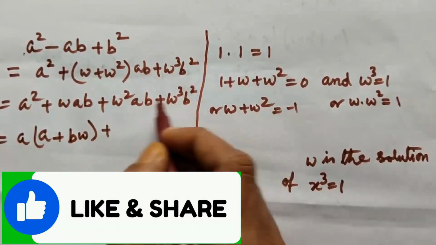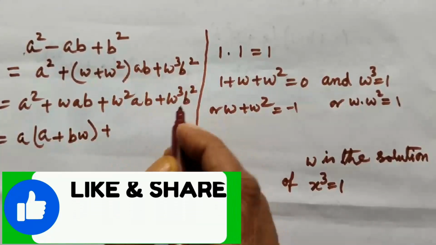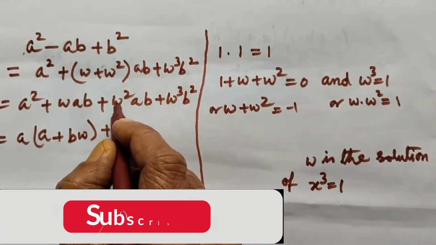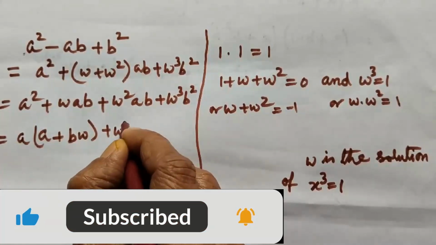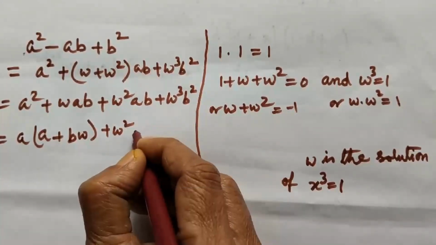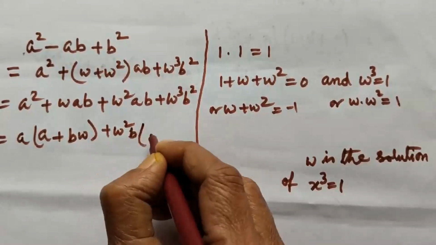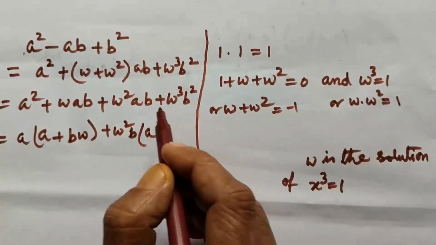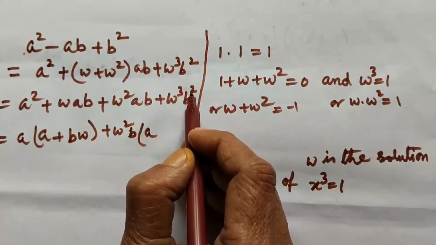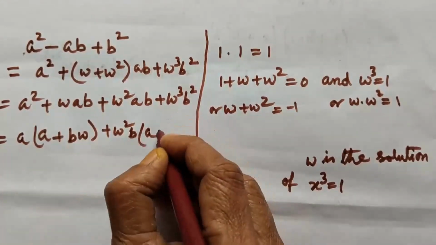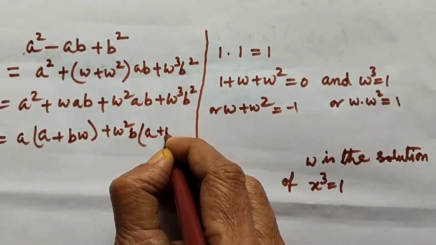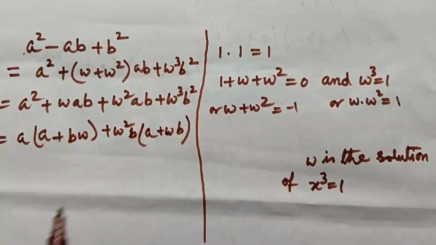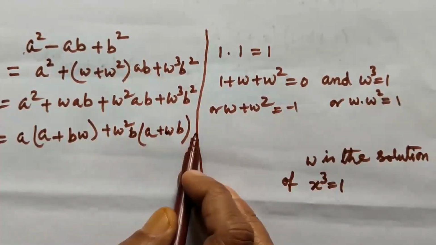What can be taken out from the second two terms, the third and fourth terms? Omega square, omega cube, we may take out common. From omega square ab and omega cube b square, we may take out omega square b. What will be remaining? Here is a and here is omega b. So we will write a plus omega b, the same thing, a plus b omega.